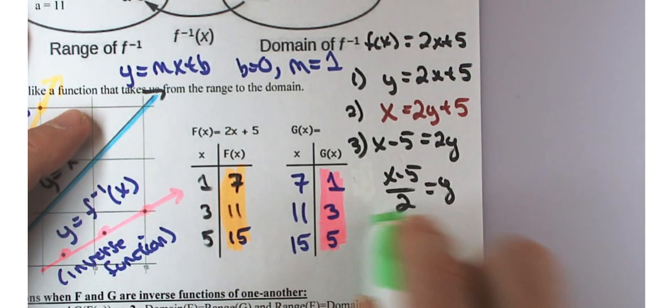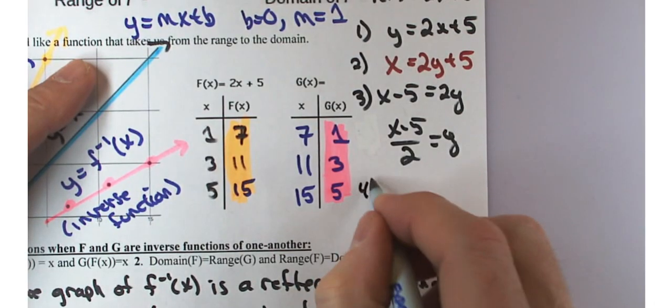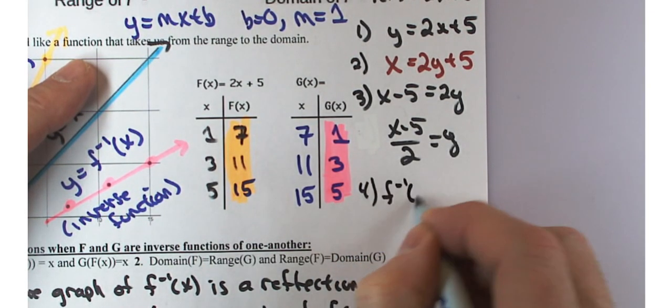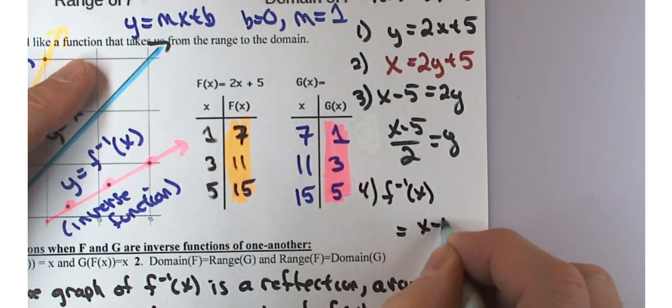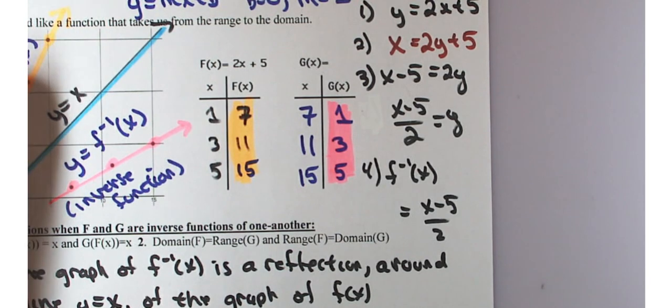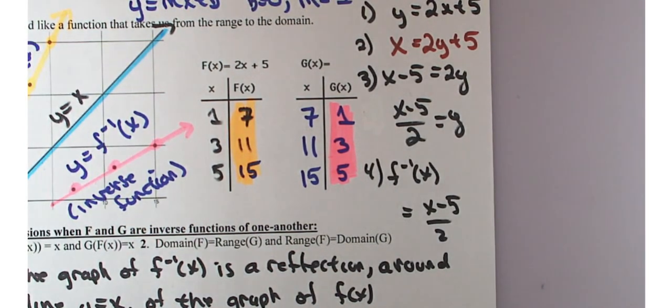So it's still step 3. Step 4, thank you, is replace that with f inverse of x equals x minus 5 over 2. Nice. So that's your inverse function.